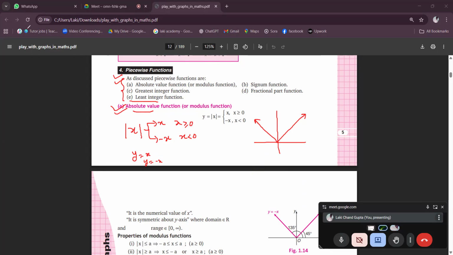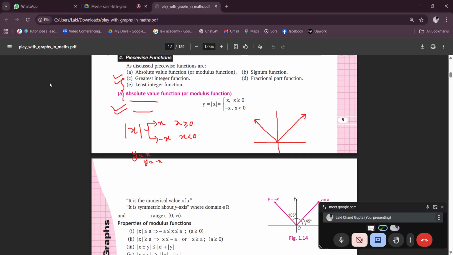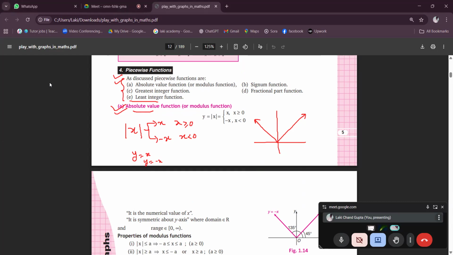So write this. It is symmetrical about the y axis. I already wrote this, right? Already noted?